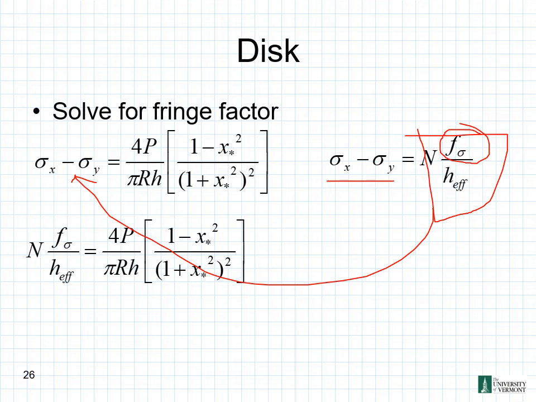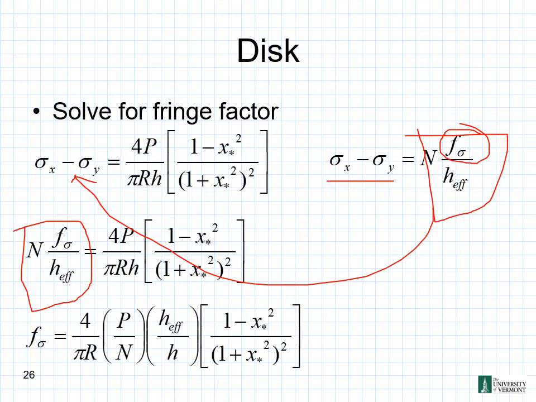We do that, we end up with this relationship, when we plug this in down here, this now, you can see that there to replace that, end up with this relationship there. Reduce, simplify, we end up with solving this for there, so we can then divide our n over to the other side, where we see that right there, and we can multiply our h effective over the other side, which we see right here. We end up with this whole relationship for our fringe factor f sub sigma.